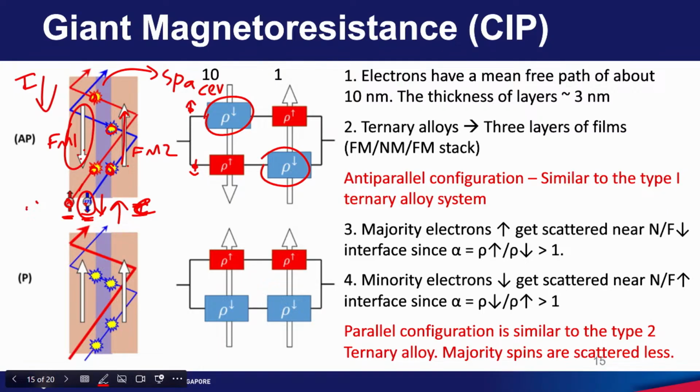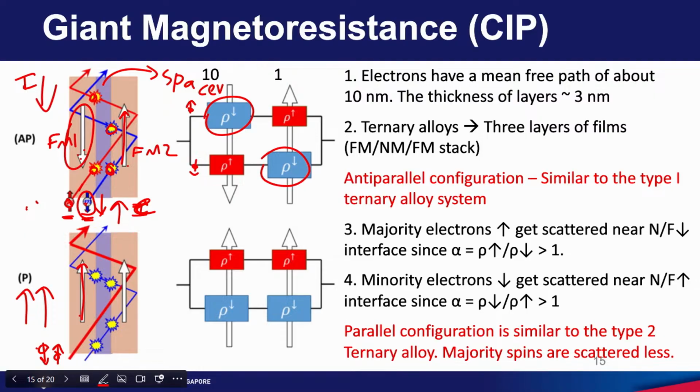Whereas, let us take the parallel magnetization. So, we have a GMR. Now, the two ferromagnetic layers have parallel magnetization. So, when it comes to this configuration, the red electron with magnetic moment in this direction is majority in both the channels. Okay. Red will not get scattered, but the blue electron which is in this direction, it is minority in both the channels.